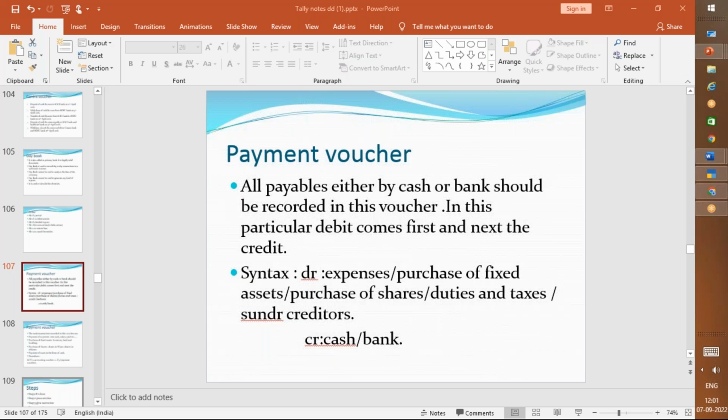So you are always supposed to put all your expenses accounts, that is your expenses ledgers, in the debit, and cash or bank, that is from which bank you are paying, or if you are paying through cash, that will be there in the credit, because payment means the amount is always going from you. So that is why it's under payment voucher. Just take a note.